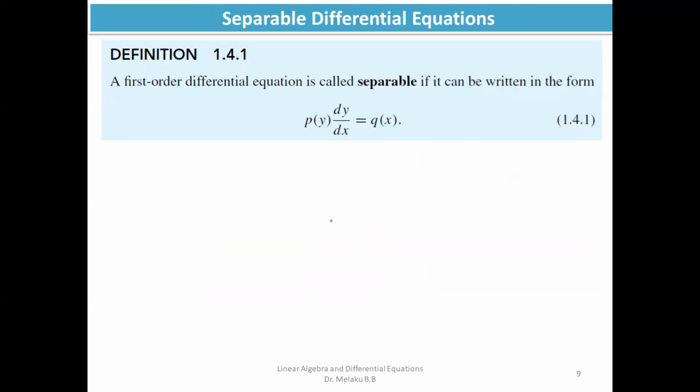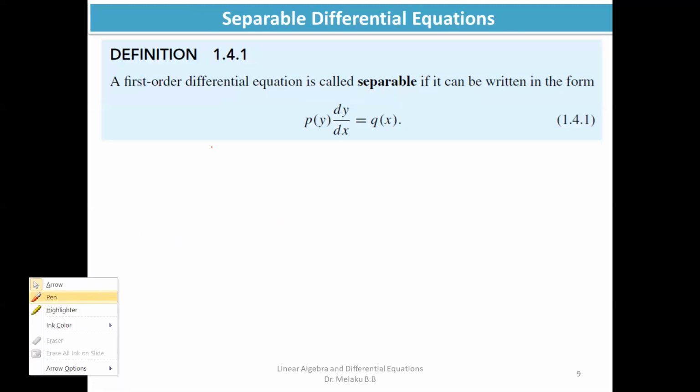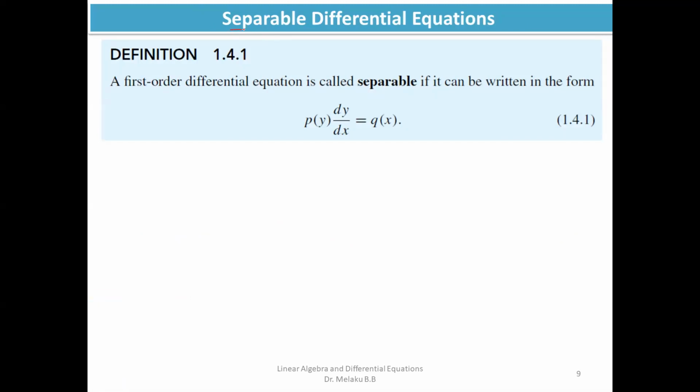The second part of this topic is about separable differential equations. When we say separable, it means that we can change the differential equation so that the functions of y are categorized on one side and the functions of x on the other side.